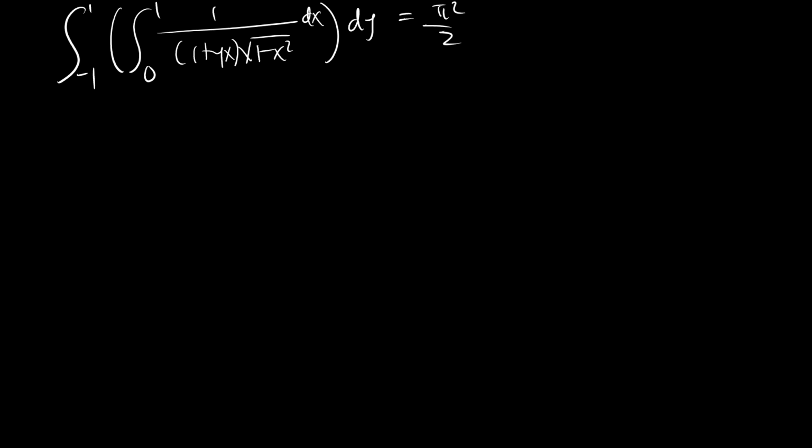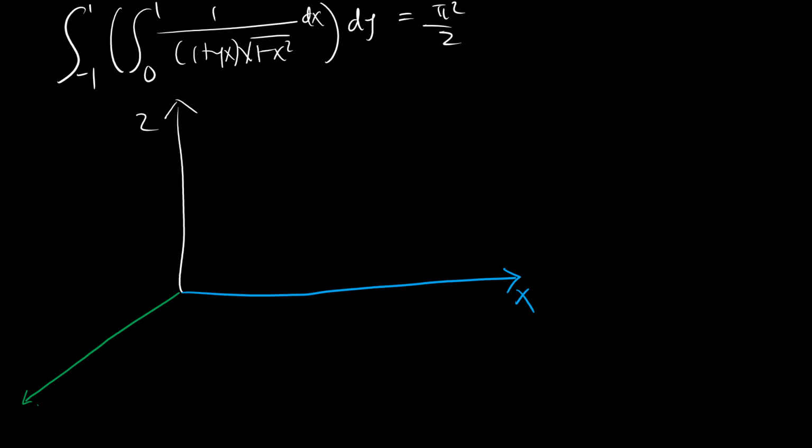So this takes us to a situation where if we have a continuous function, let's say this is z, and then we have the x, and then we have the y. And we do have contours.